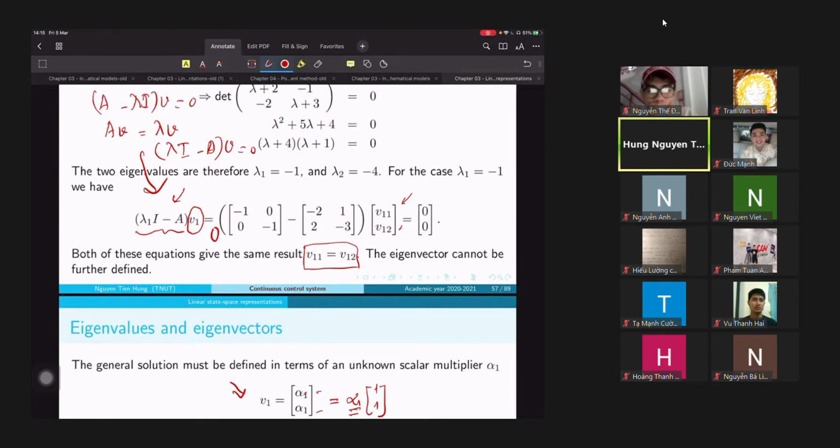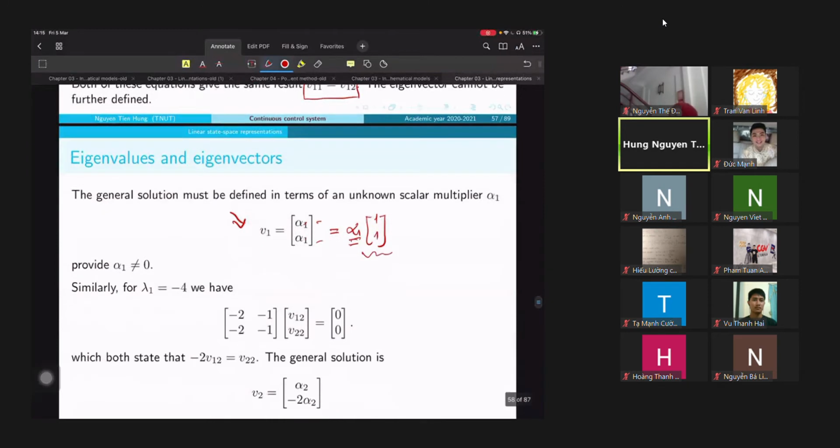Because all of these vectors, in other words, are in the null space of this, the vector v, because this is 0.